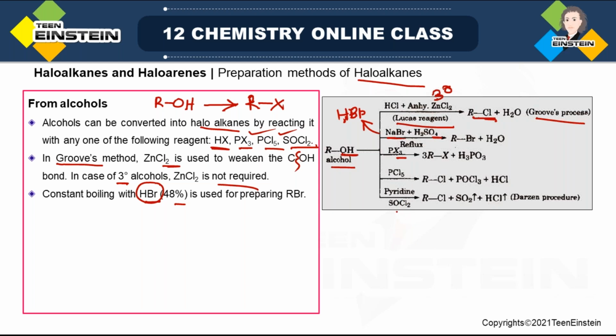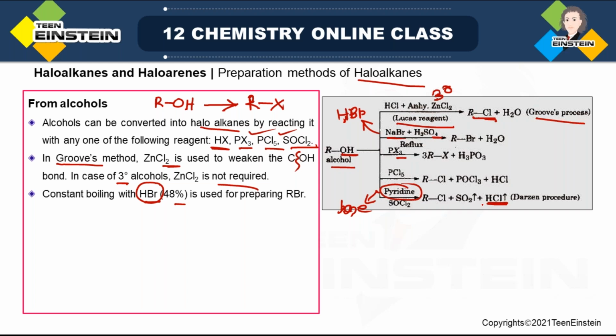Now when you are using SOCl2, pyridine is also added. What is the purpose of this extra reagent? SOCl2 should be enough, but we add pyridine because it is basic in nature. As it is a base, it will remove the byproduct HCl.